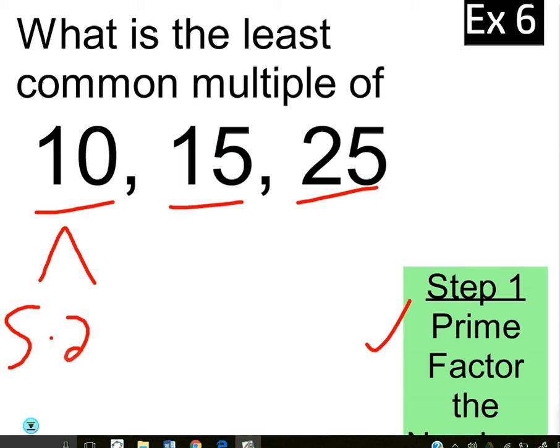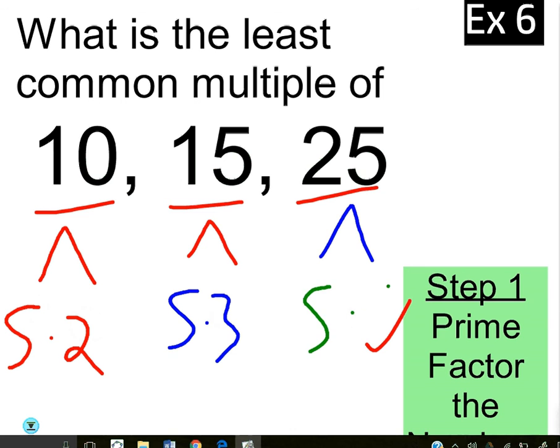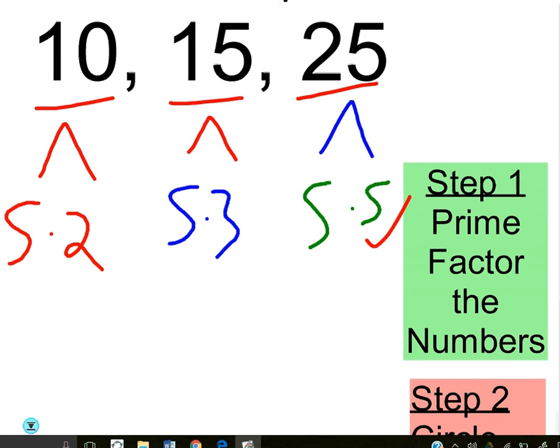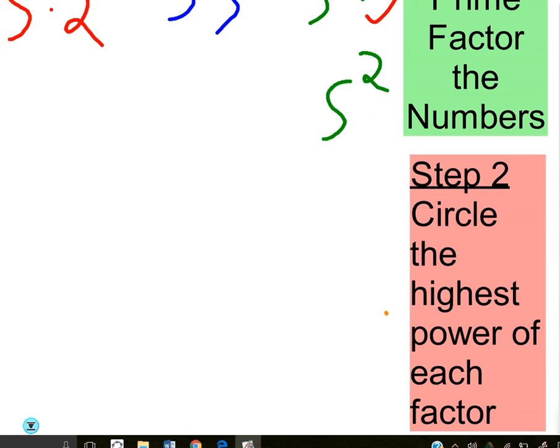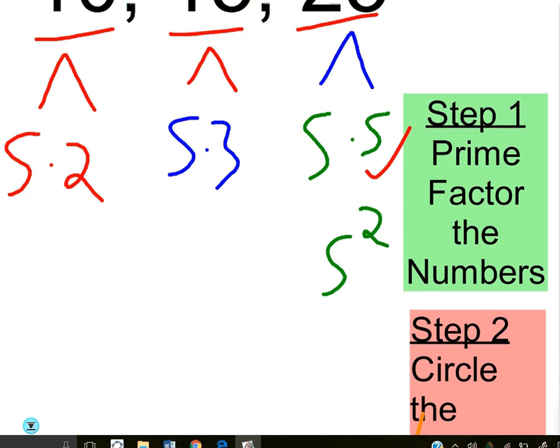So this is 5 times 2. What's 15? 5 times 3. 25 is 5 times 5, which is the same as 5 squared. Okay, so first of all, what's the highest power of 5 in these three?